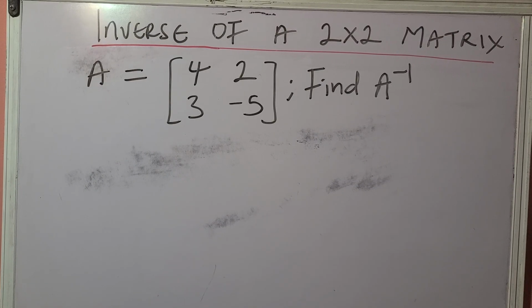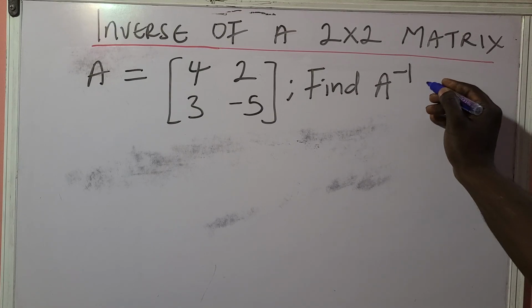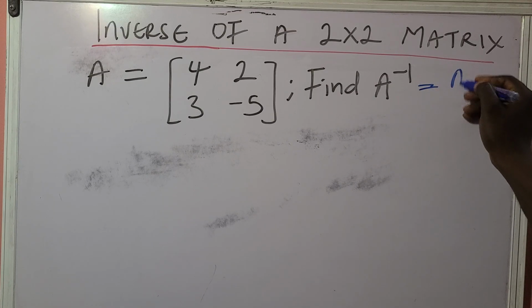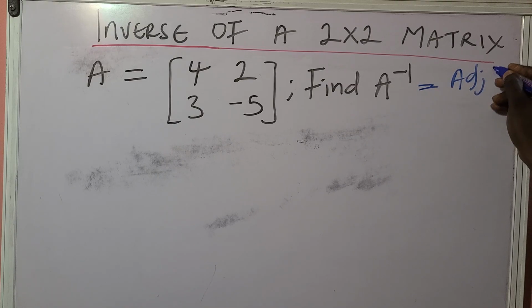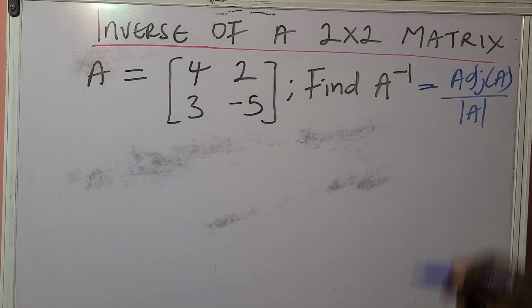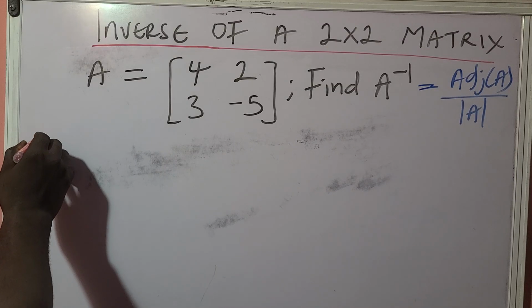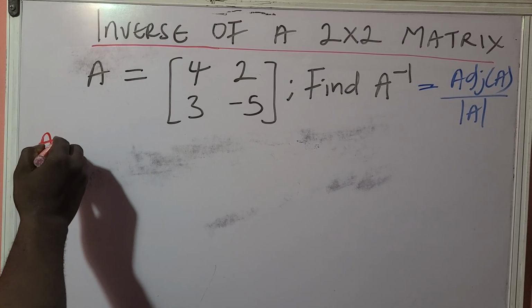All right, you can pause this video right here and attempt this question. So let's try and find the inverse of this 2 by 2 matrix. Now don't forget the formula for our inverse as the adjoint of A over the determinant of A. So we need to go on to find the adjoint of this matrix A and then the determinant.